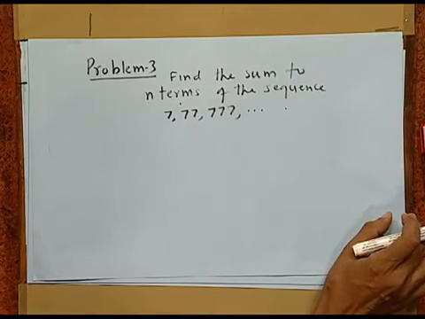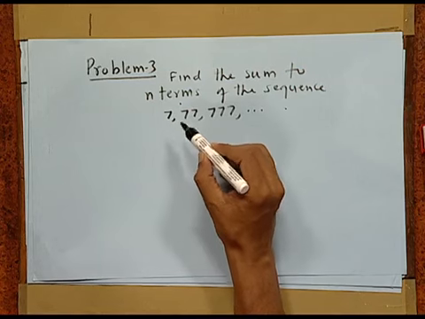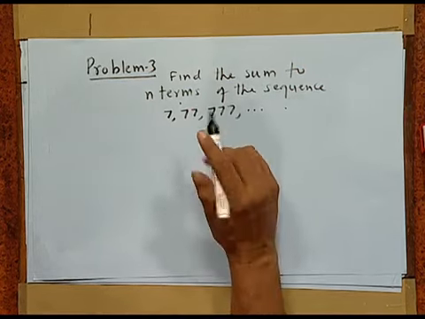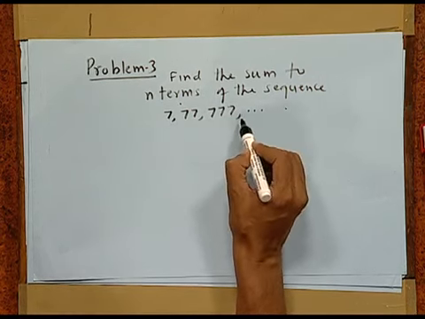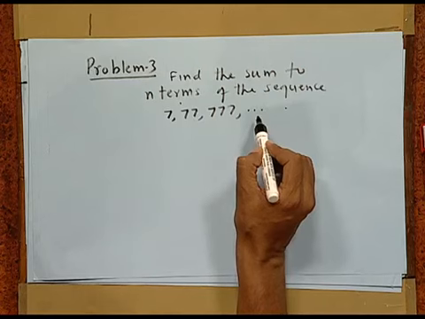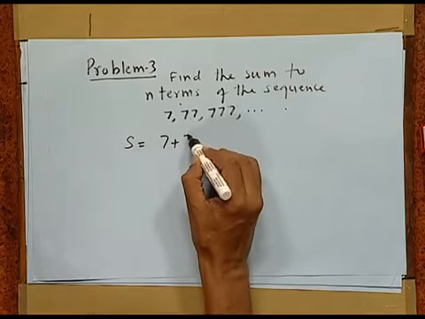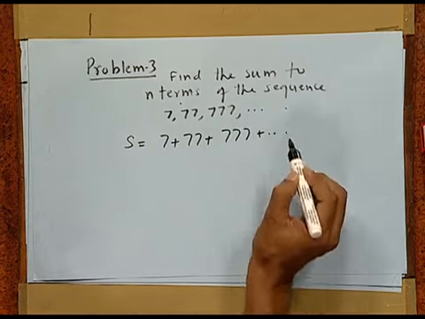We take one more type of problem. Here, at the first look, the problem is not directly of GP, because the sequence 7, 77, 777 is not in GP at all, but somehow we can bring GP into it. Suppose we have S is equal to 7 plus 77 plus and so on.